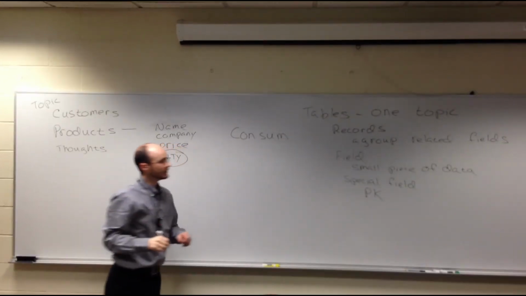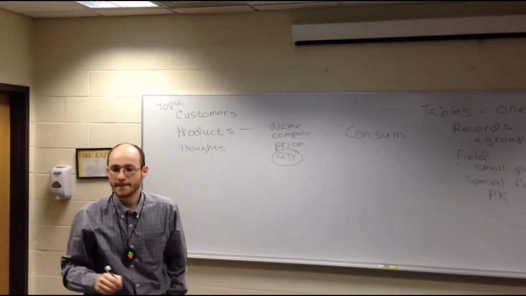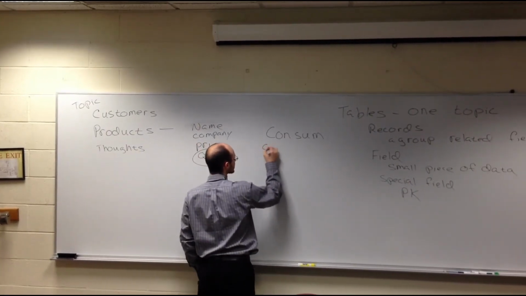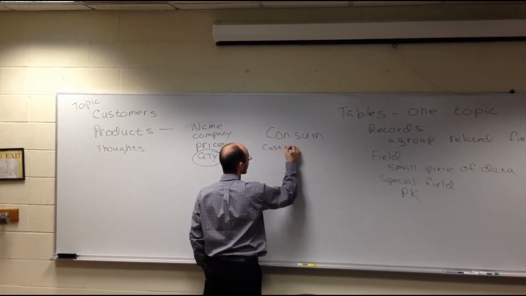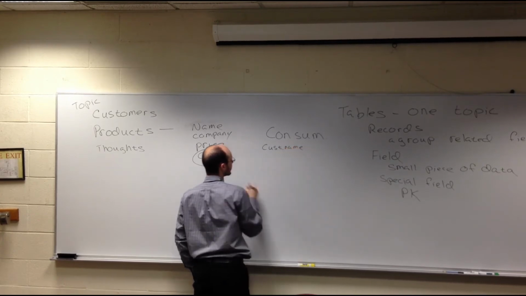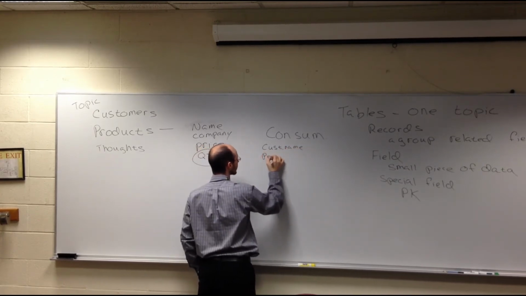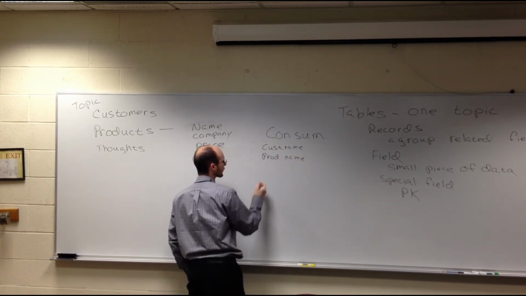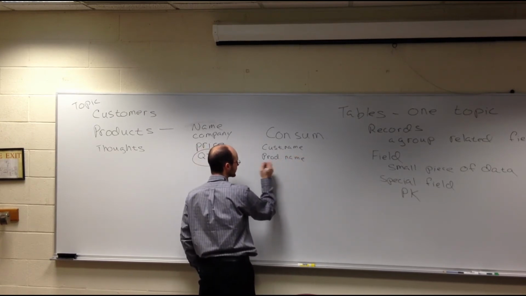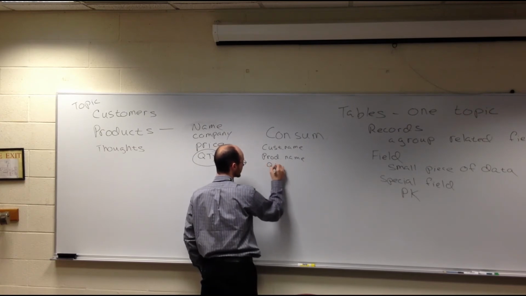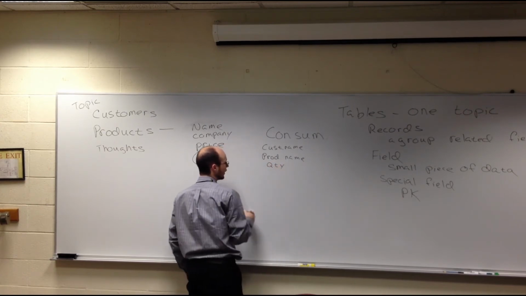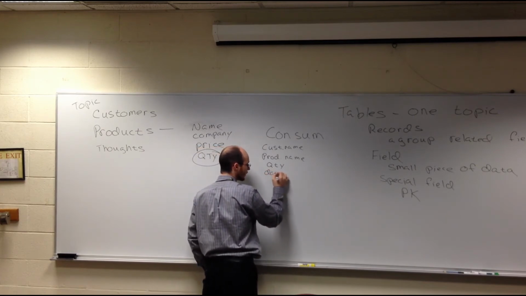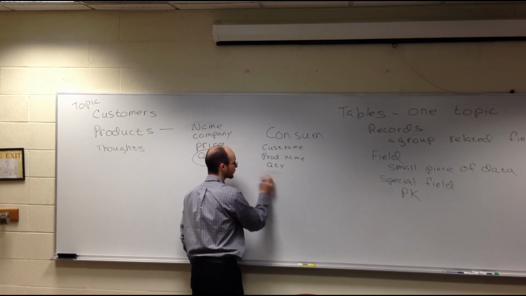What consumption's going to have is maybe the customer's name, the product name, we'll just measure quantity, and then maybe a time or a date. A frequency. Let's call it frequency.